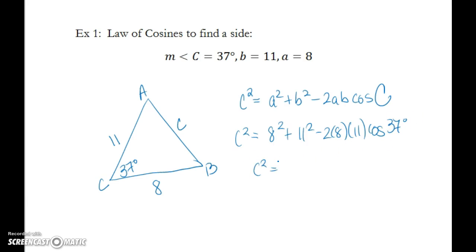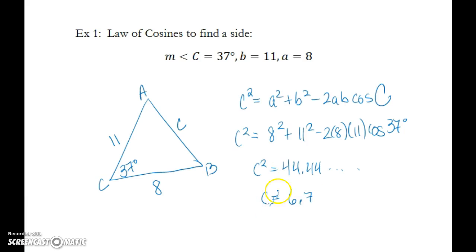We can put all of this in our calculator in one straight shot. 8 squared plus 11 squared minus 2 times 8 times 11 times cosine of 37, and we get approximately 44.44, etc. And to find C, just take the square root of that value, and we get about 6.7.